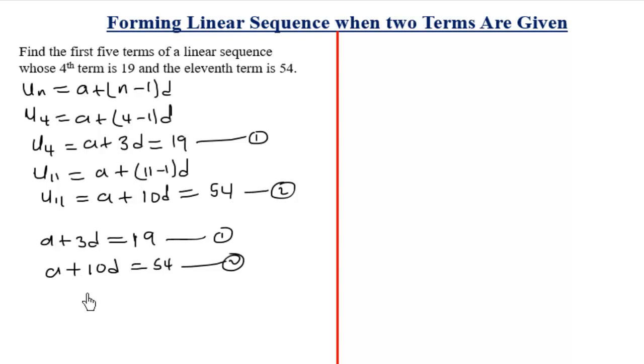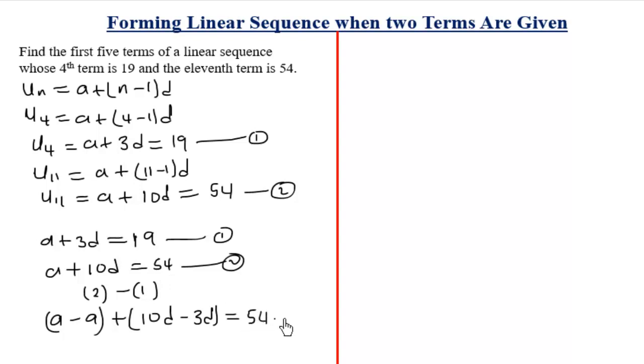So I'm going to subtract equation 1 from equation 2, that is equation 2 minus equation 1. So which a is in equation 2? That is this one. So that will be a minus the first a in the first equation, minus a, plus 10d minus 3d, since the 10d is in the second equation, equal to 54 in equation 2 minus 19 in equation 1.